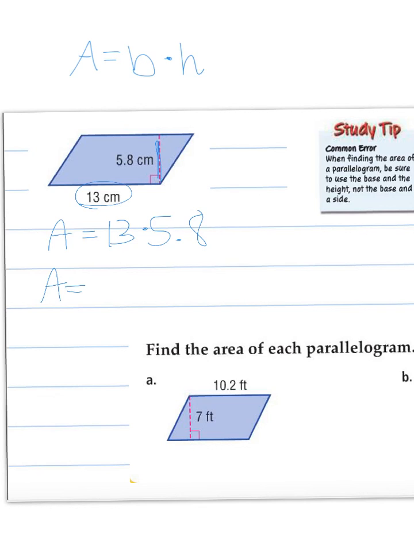And the area equals 75 4/10 centimeters squared. We always need to have a label or units here, and in this case we're talking about centimeters. And since we had centimeters times centimeters, our answer is going to be centimeters squared.